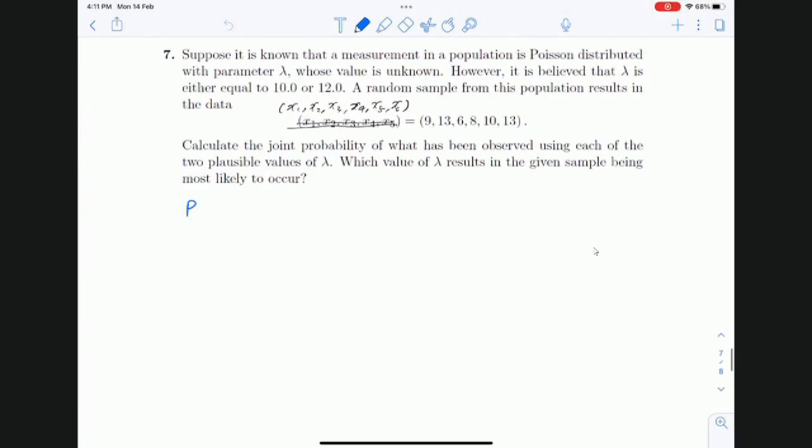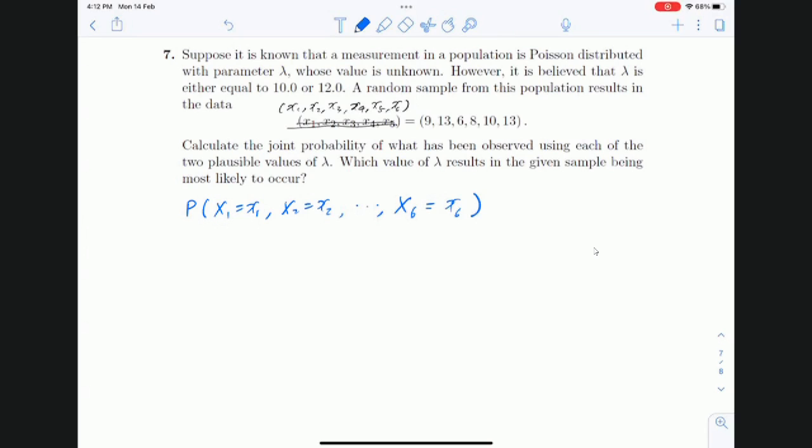So probability, this is the joint probability.